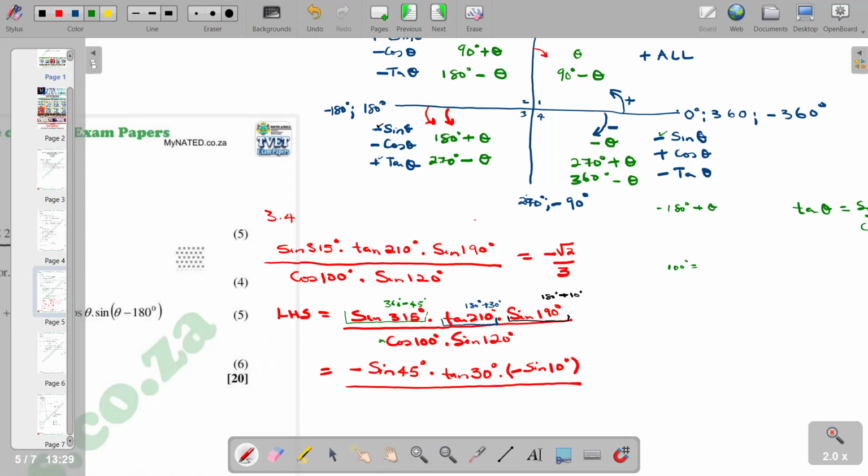There's a 10 degree there, so that will be guiding us, meaning it's gonna be 90 degrees plus 10 degrees. So 90 plus 10 degrees is going to give us the 100.